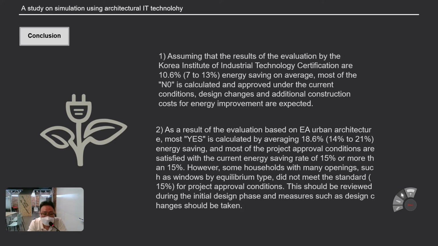Conclusion two: as a result of evaluation based on EA urban architecture, the average is calculated at 18.6% energy saving, and most of the project approval conditions are satisfied with the current energy saving rate of 50% or more.